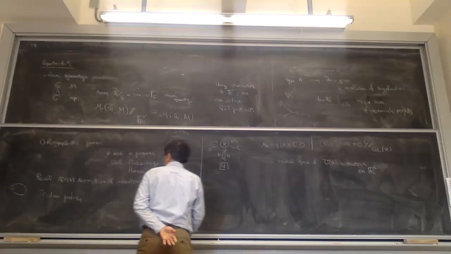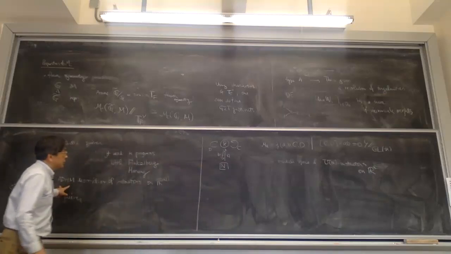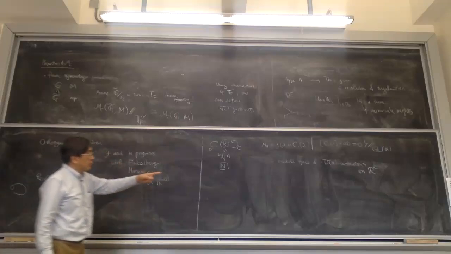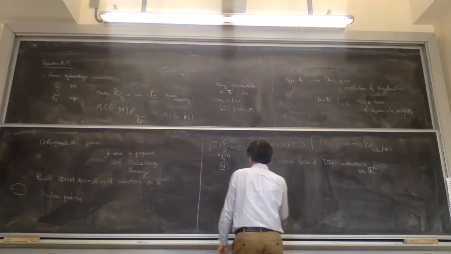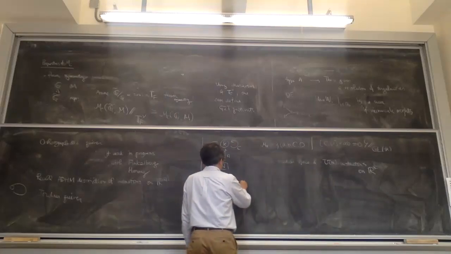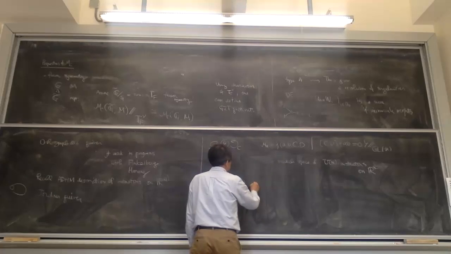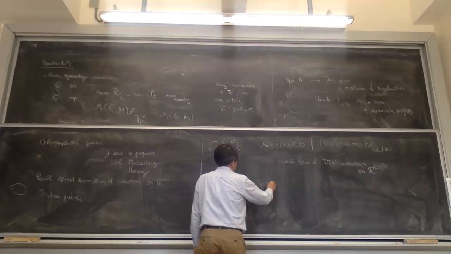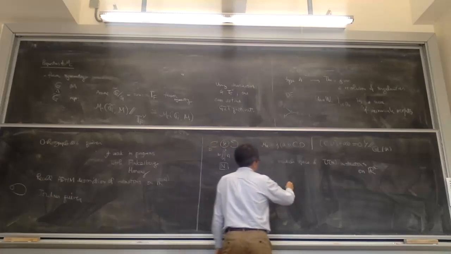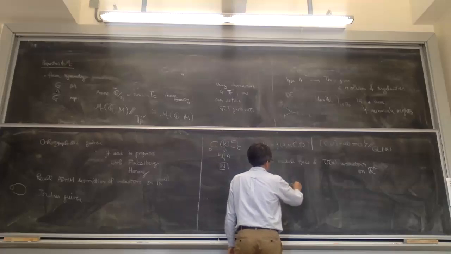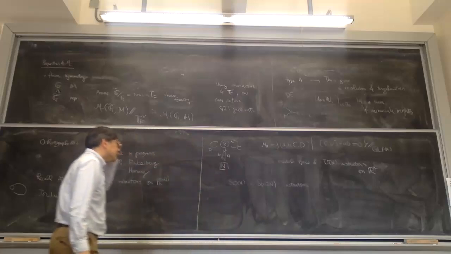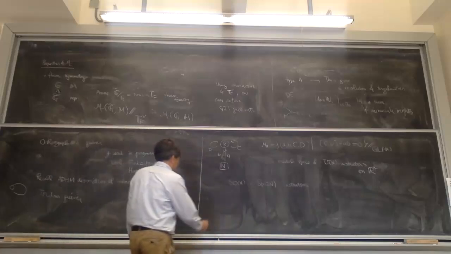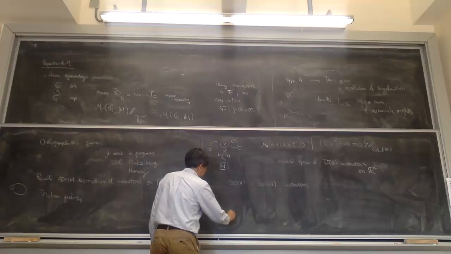Then this ADHM description has a variant for classical groups instead of unitary groups. They consider SO(N), so I denote this in this way, SO_N.